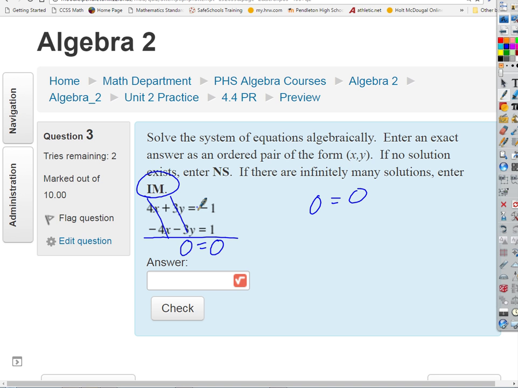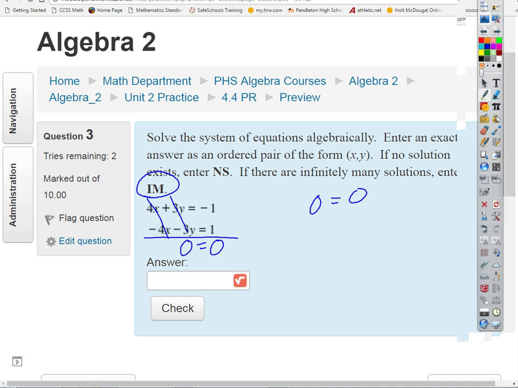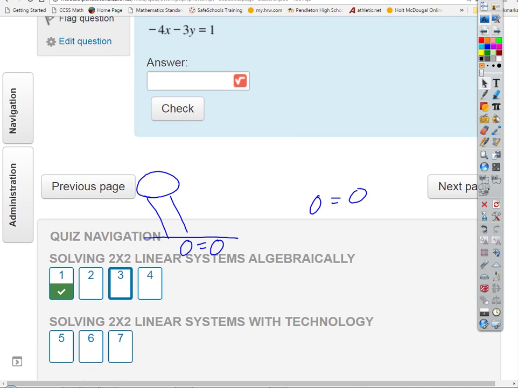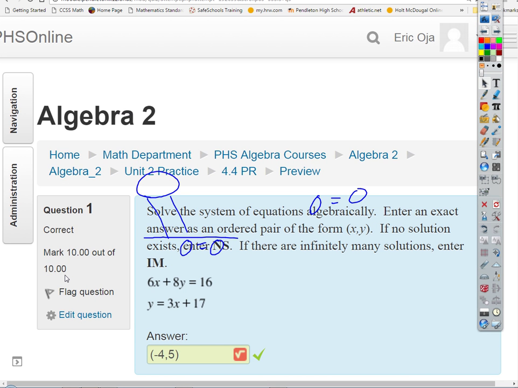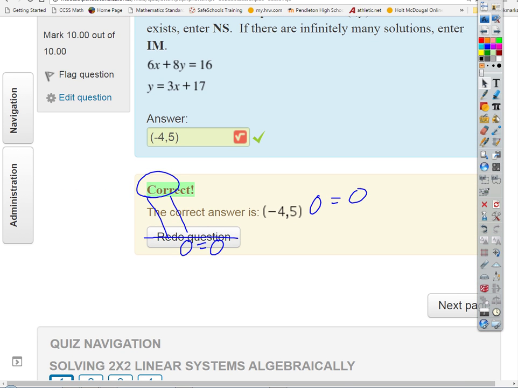And so if I went back to this previous example right here, if I graphed these two lines, as I was saying, these are both just lines, right? And this would be the point where the two lines cross. Okay?